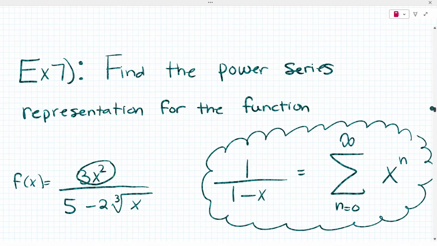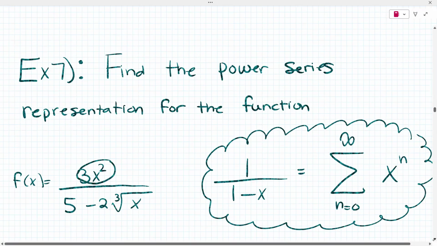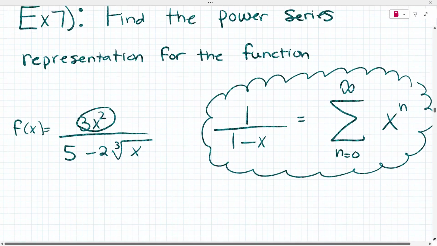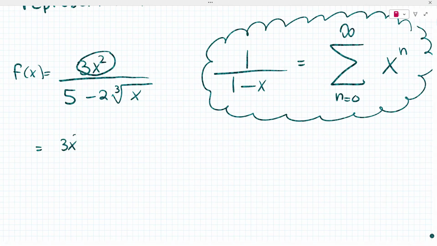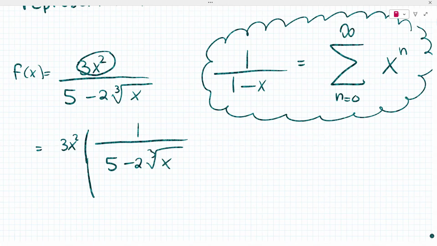Let's make this 3x squared into 1 by factoring out that 3x squared, right? I'm going to factor 3x squared, and you get 1 over 2 cube root. Now what to do? Let's make this 5 into a 1 by dividing everything by 5.